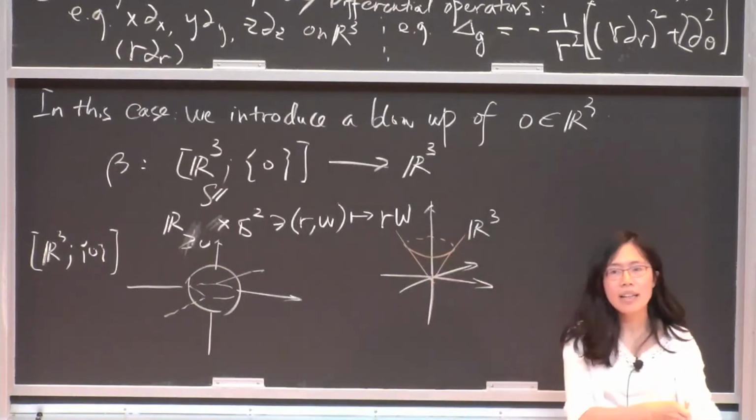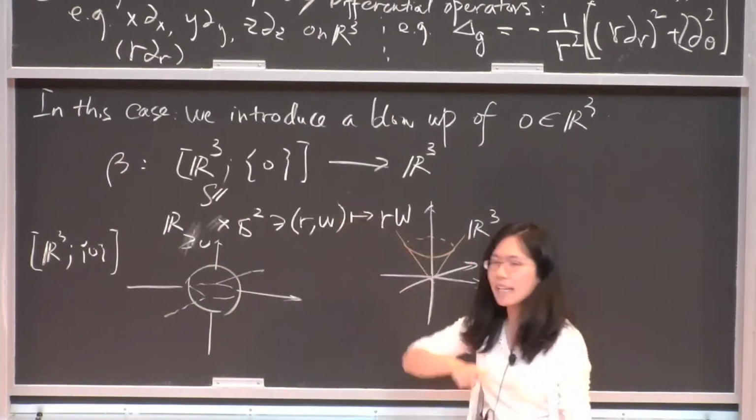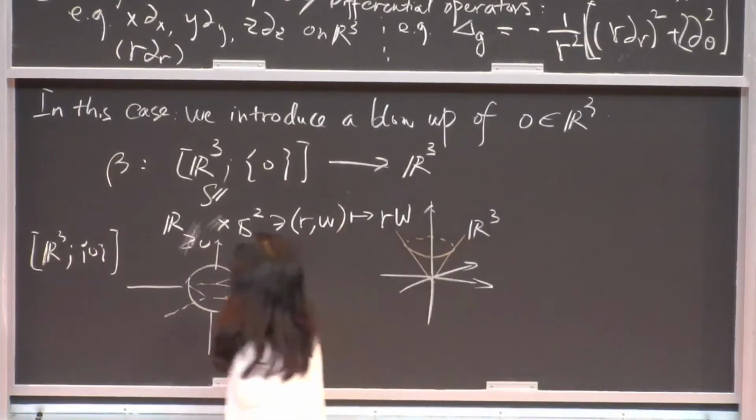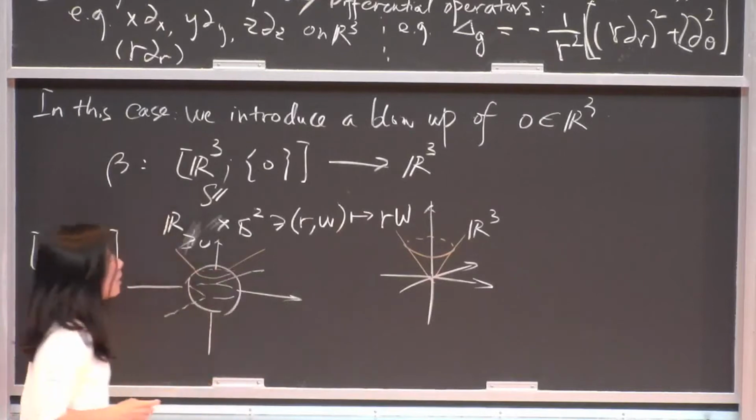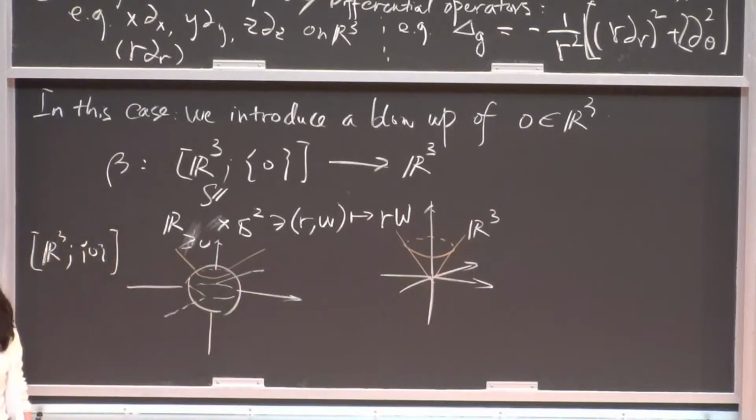It's like that. And then if we introduce this coordinate here, then what's happening is that this cone, this tip is blown up, and it intersects, and the tip becomes a circle that's right on the sphere.